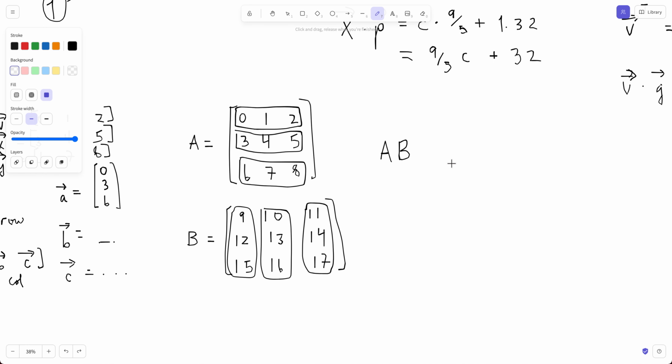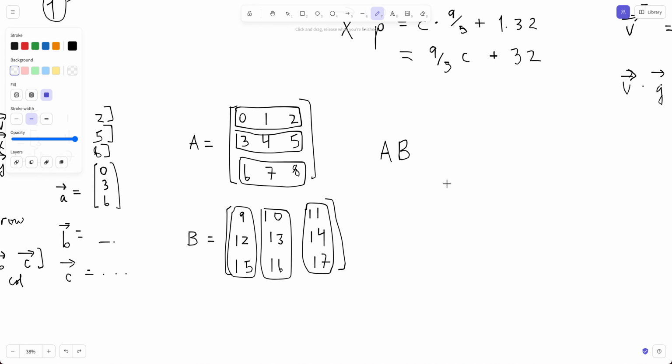I just want to think about, well, how many dot products can we have? We're saying we want all of the possible dot products between vectors in the left matrix and vectors in the right matrix. So for this one row vector, it can be dotted with 3 possible column vectors.